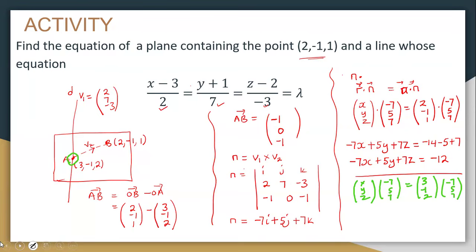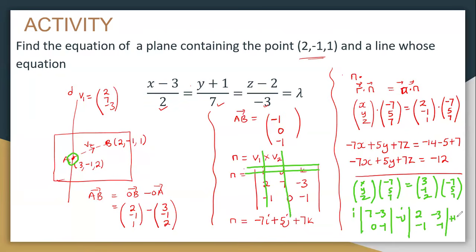Excuse me, sir, pardon me, on how you got the cross product. I think I missed that lesson. We said that for the cross product, you do i, then you get the magnitude. So when I cross out i, I remain with 7, negative 3, 0, negative 1. Then minus j, cross out the j. The moment you cross out the j, you remain with 2, negative 1, negative 3, negative 1, plus the k.